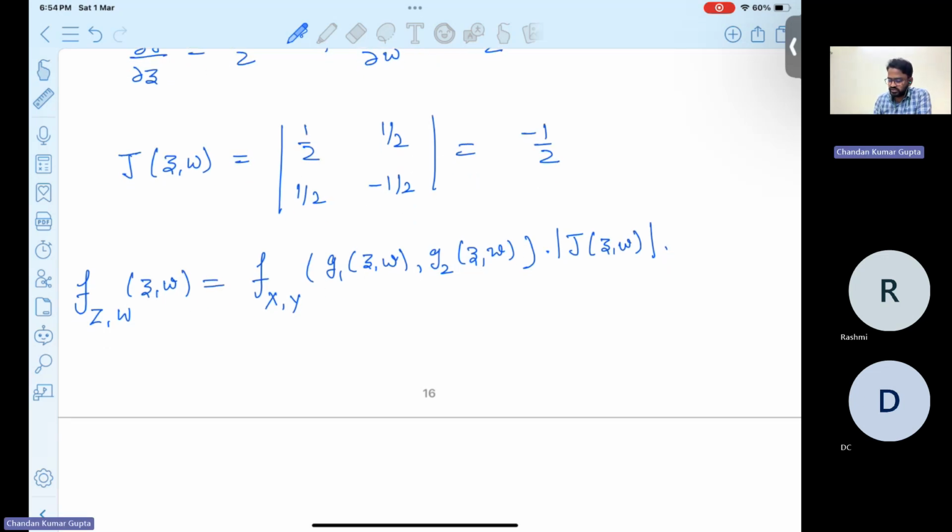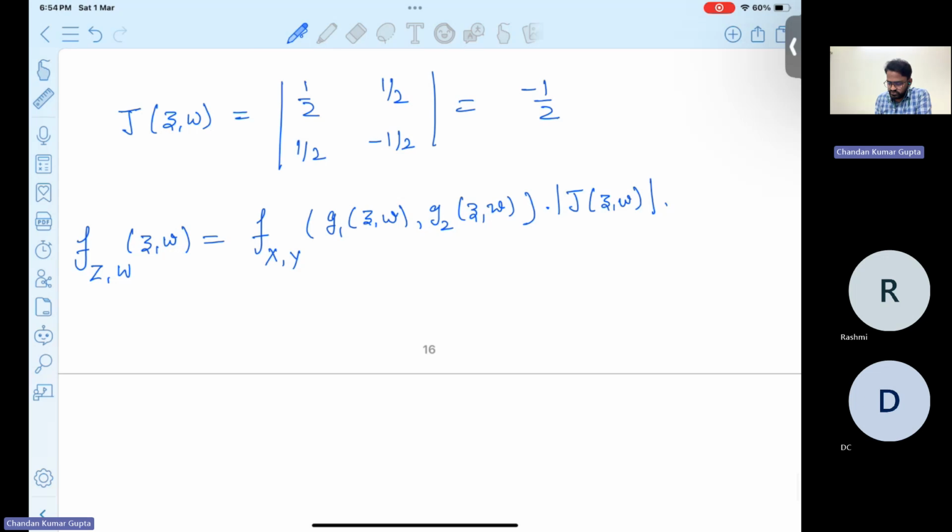This is the formula. We also need the range.